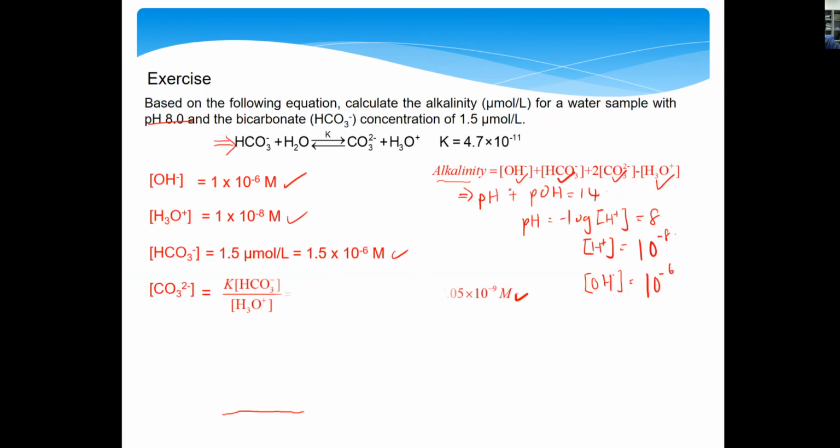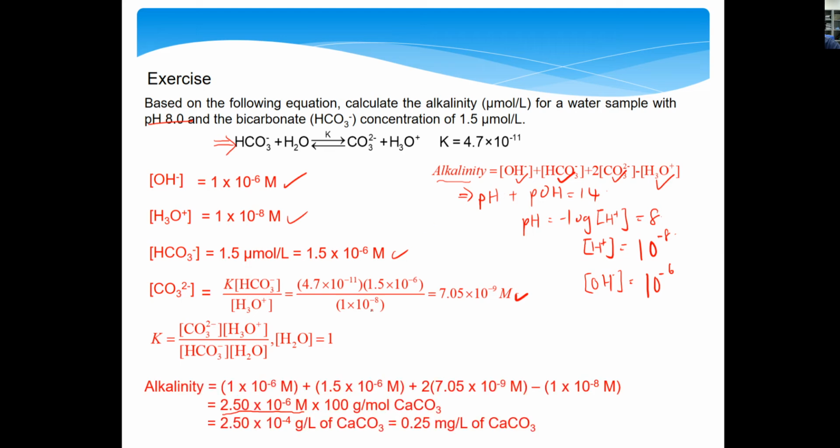So what you can do here is multiply by the relative molecular mass of calcium carbonate, which is 100, and it will become 2.5 times 10 to the power of negative 4 gram per liter. We can turn it into milligram per liter, which is a common unit for alkalinity. So the answer is 0.25 milligram per liter of calcium carbonate.